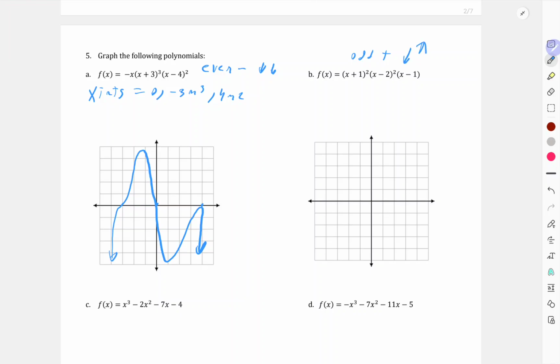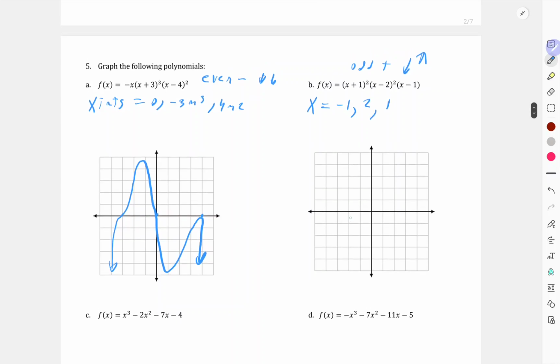So now we have to write down our x-intercepts, which are -1 with multiplicity 2, 2 with multiplicity 2, and 1. So -1 is here, 2 is here, 1 is here.